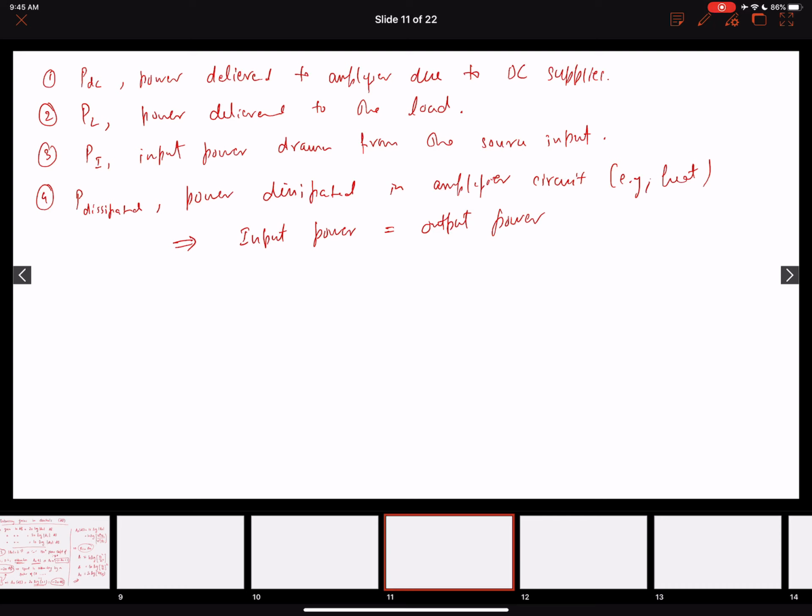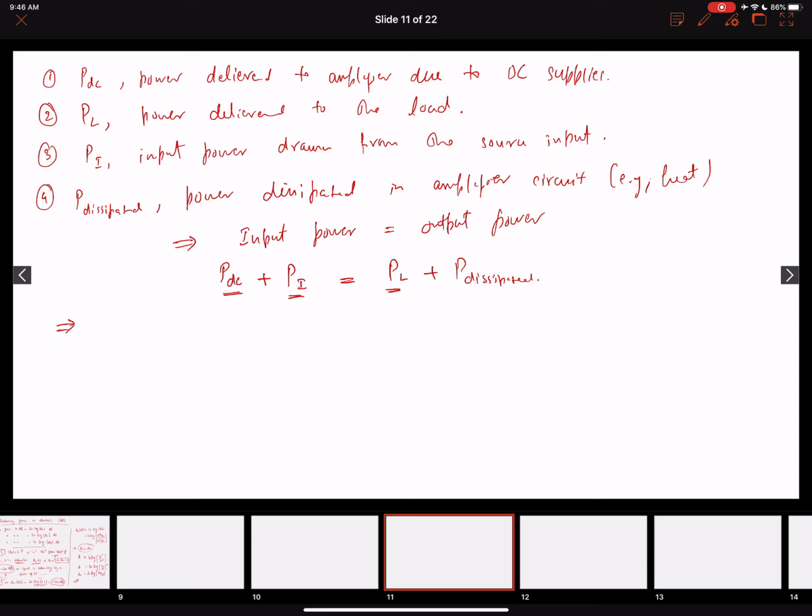The input power has two types: one is the DC power coming from the external supplies, plus the power drawn from the source input. And the output power is the power delivered to the load, plus the power dissipated in the circuit, for example, in the form of heat.